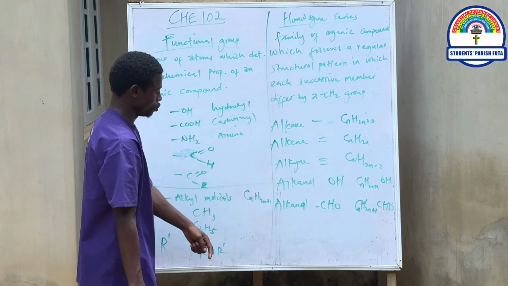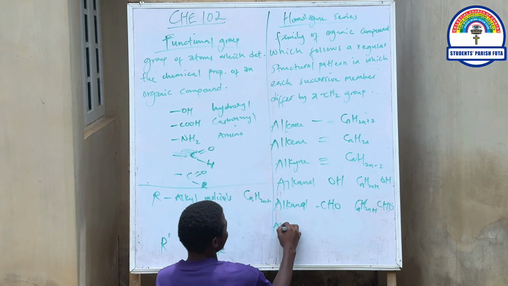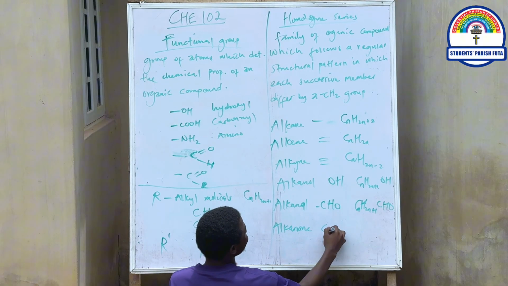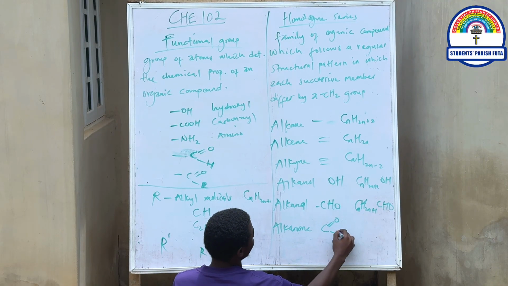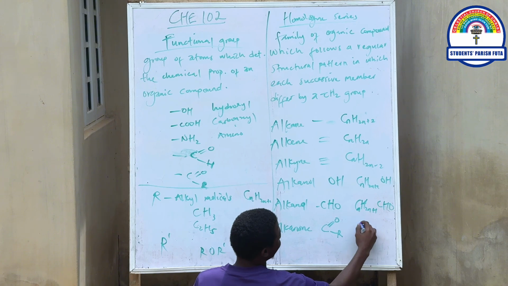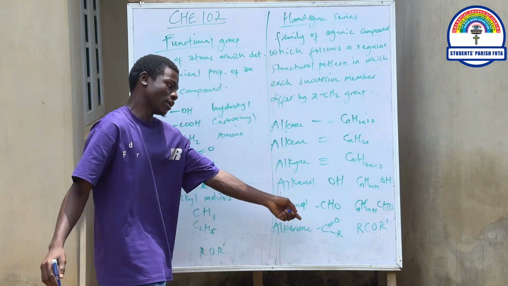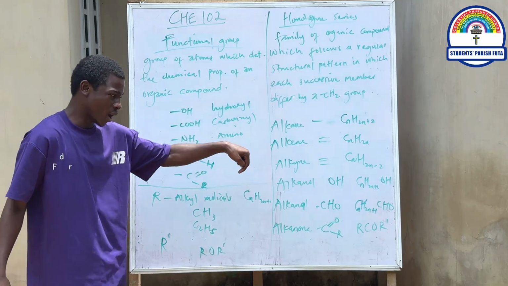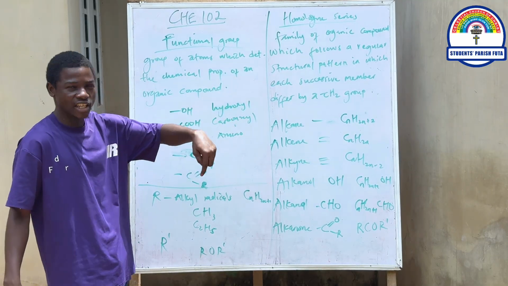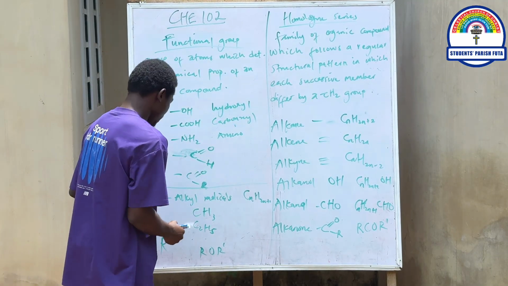That is RCHO. You have the alkanone. That is COR. That will be RCOR. I think you understand what I meant by this now. That is CnH2n+1 COCnH2n+1.